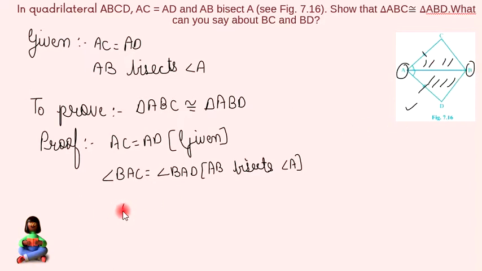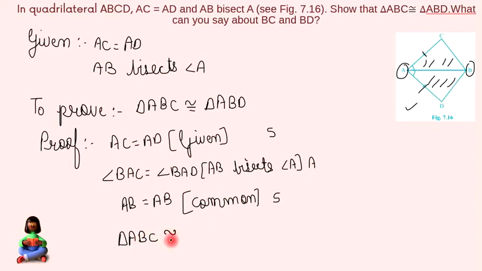So here we can write AB is equal to AB, because it is common in both the triangles. So here we got one side, one angle and side. So we can write that triangle ABC is congruent to triangle ABD by SAS congruence rule. So we proved that triangle ABC is congruent to triangle ABD.